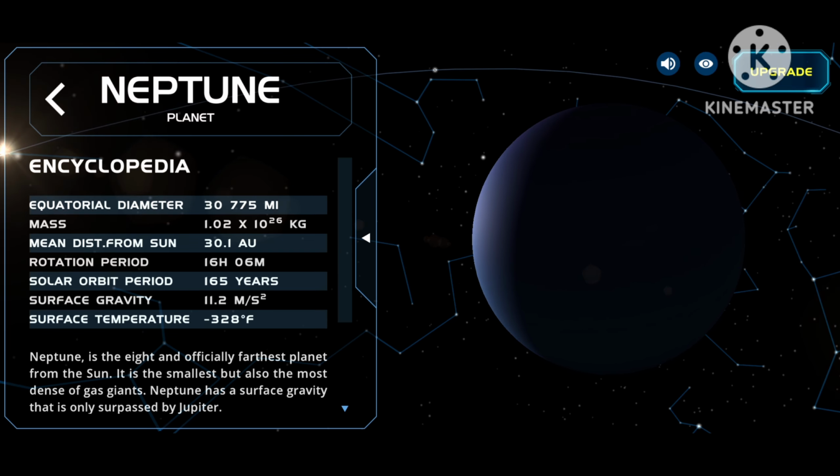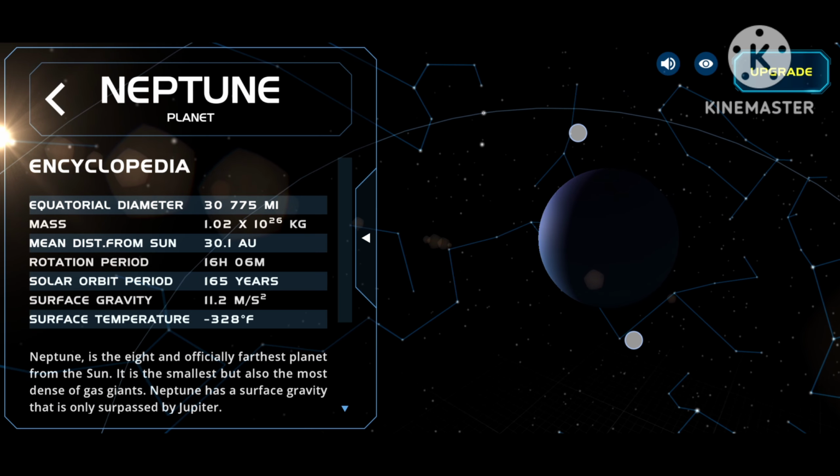We talk about the other things related to it. The equatorial diameter is around 30,775 miles and the mass is 1.02 multiplied by 10 to the power 26 kilogram. Mean distance from Sun is around 30.1 astronomical units.